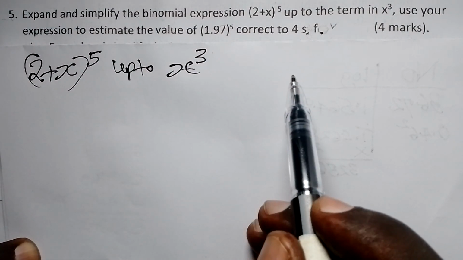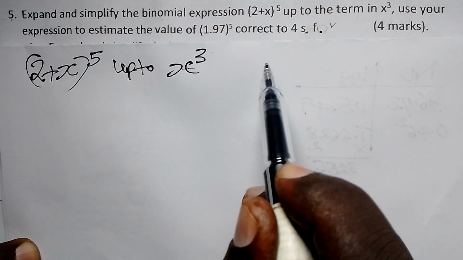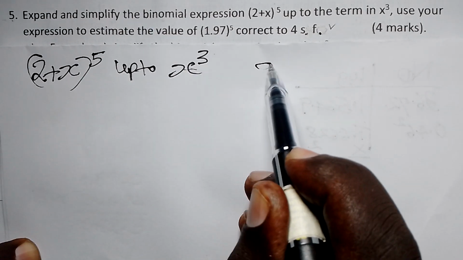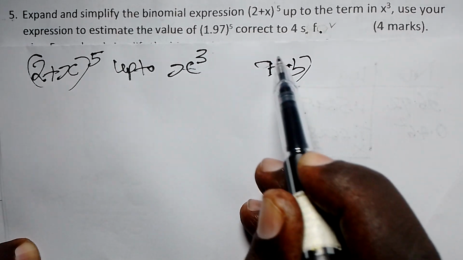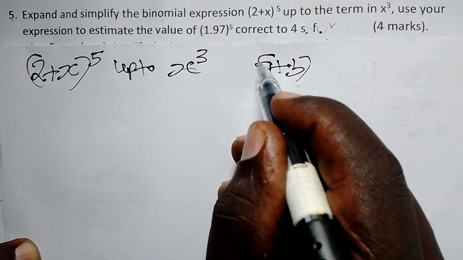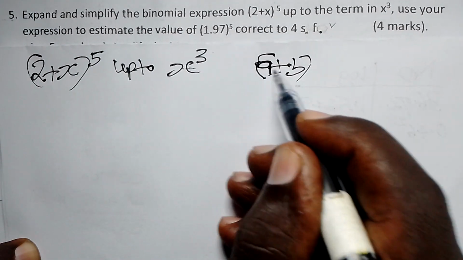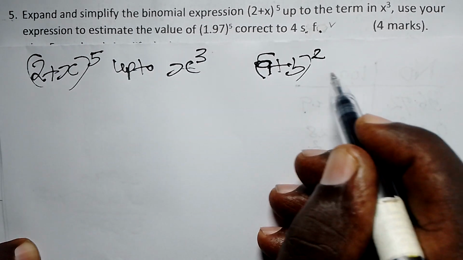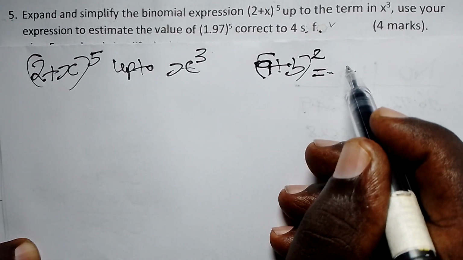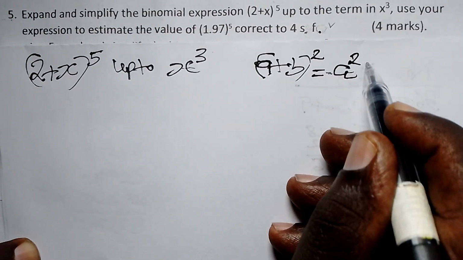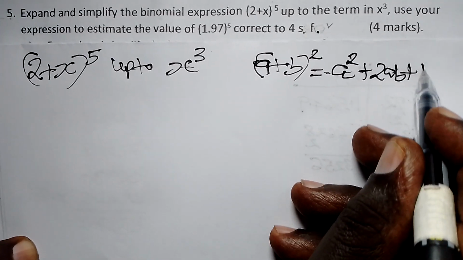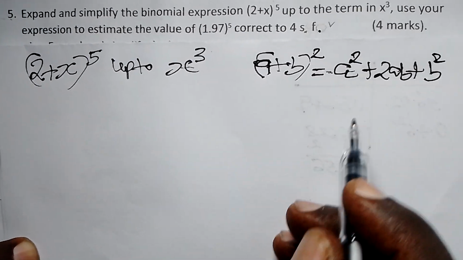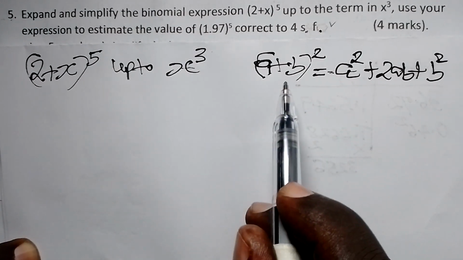We just need to remind ourselves something from expanding the identity (a + b) squared. This would be given by a squared plus 2ab plus b squared. Why have I taken you back here?